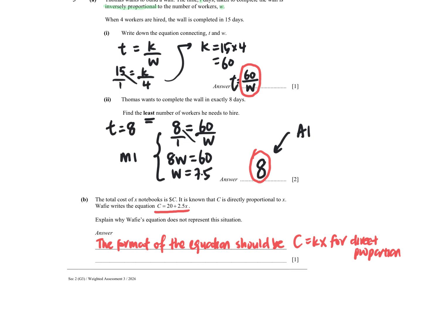Okay, so some of you say, oh, cannot be 20 plus 2.5x, but can be 20 times 2.5x. That one is fine because it's a K, right? So anything along this line of you telling me that it should be a multiply rather than a plus, then you get the first mark. Or some of you tell me that actually if you go and sketch it out for C equal to K of X, it must pass through origin.